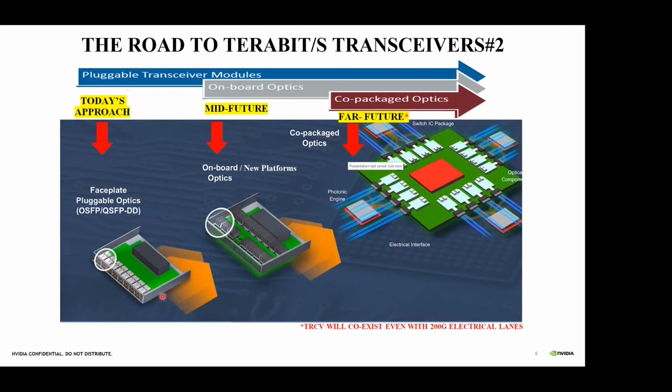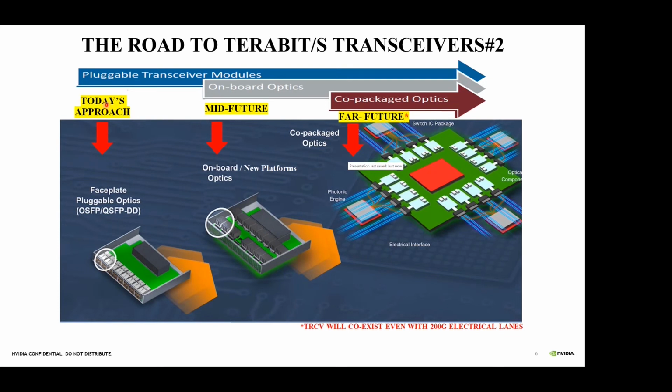As described, today's approach is going with pluggables for 400 and 800G. In the mid-future, it's transferring to onboard optics. What I'm writing as far future is, let's say, in 2 years, to have it completely stabilized, and around 3 years to go into co-packaging.